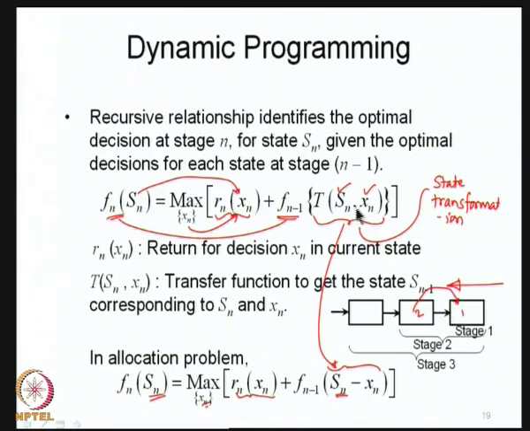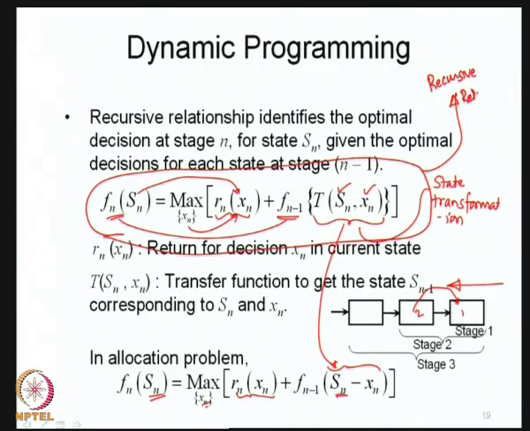Once you identify the state transformation, it is easy for you to write the recursive relationship, and writing the recursive relationship is the single most important feature of dynamic programming. That is, identification of the recursive relationship is the single most important exercise that you do in dynamic programming.